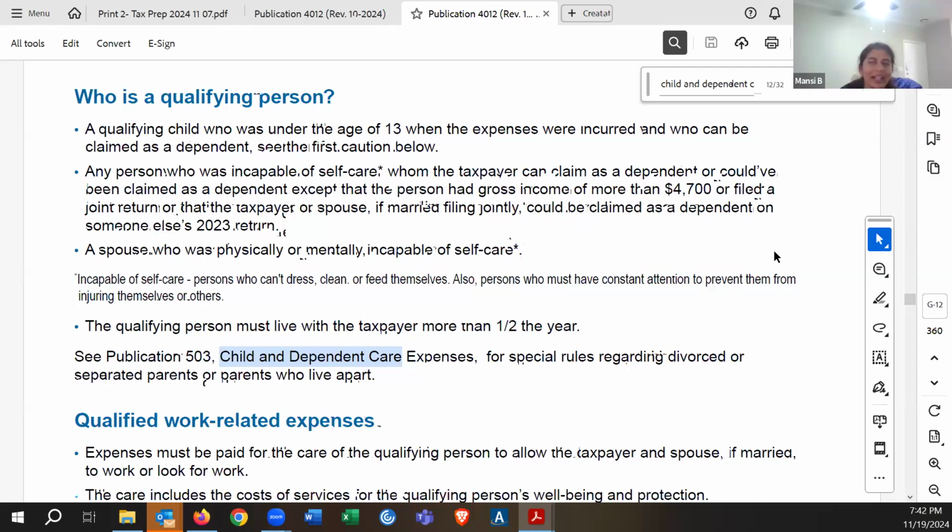So, we are filing the tax for the year 2023. Yeah, sorry. We're preparing the taxes for 2023.